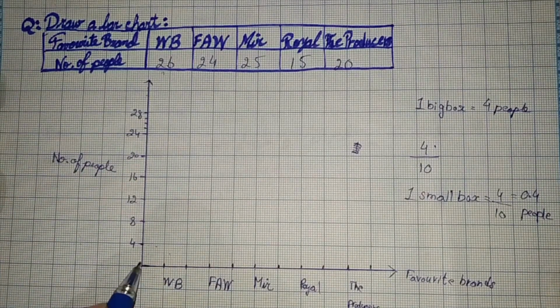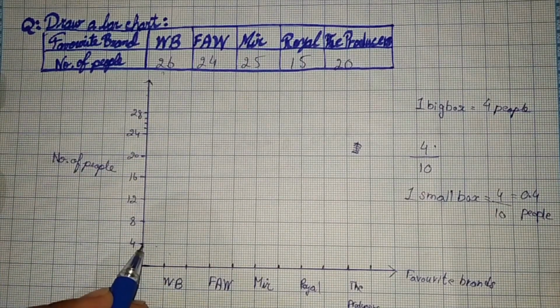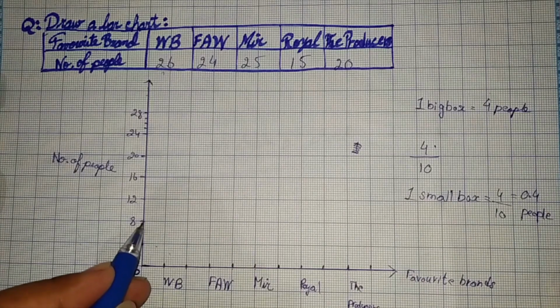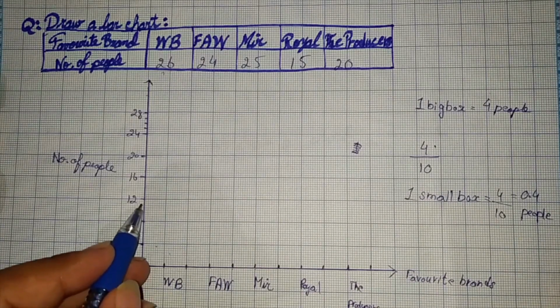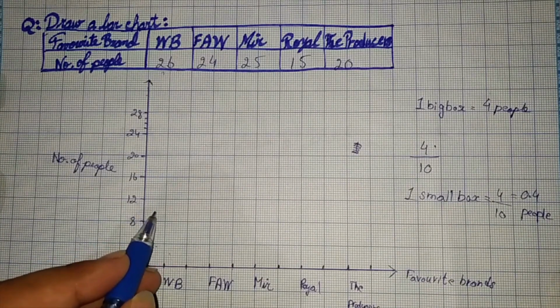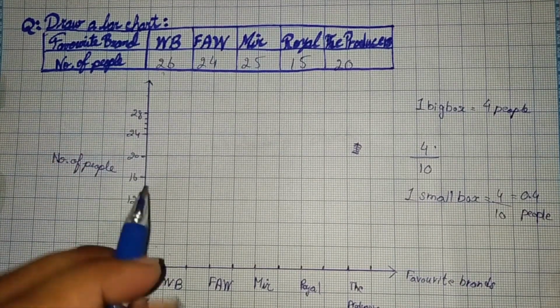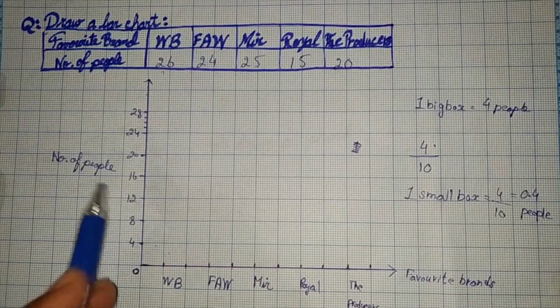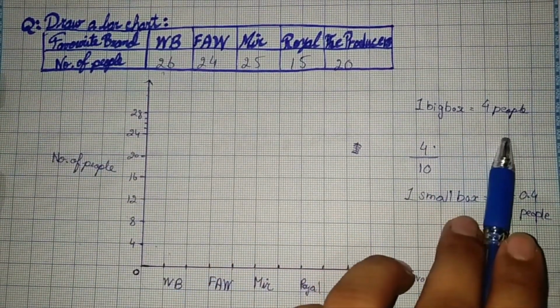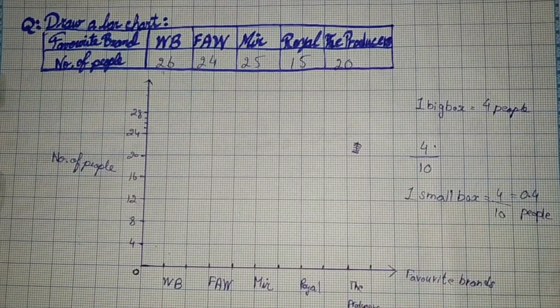Or we can say 1, 2, 3, 4 will be included here, 5, 6, 7, 8 are included in our big box. Here 9, 10, 11, 12 are included in a big box, and similarly here we have 25, 26, 27 and 28. These are the numbers which will be included in a big box, because here a big box contains 4 people.